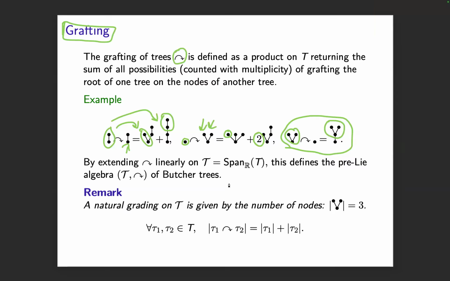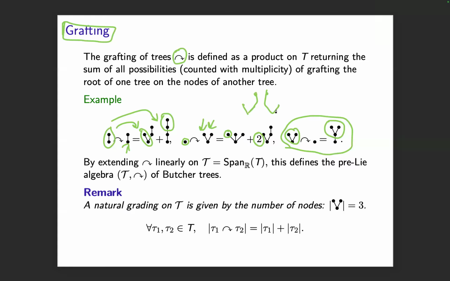Oscar: Yes, so you are counting this in the second example. When you grafted the vertex to, let's say, the left edge and the right edge of the tree here, you are counting these two as different grafting. So you get this, and this.